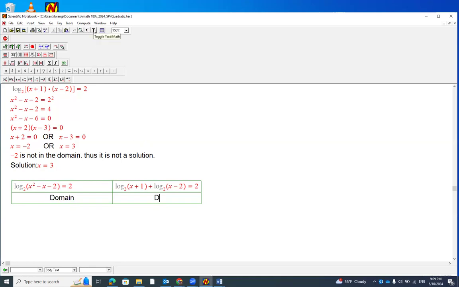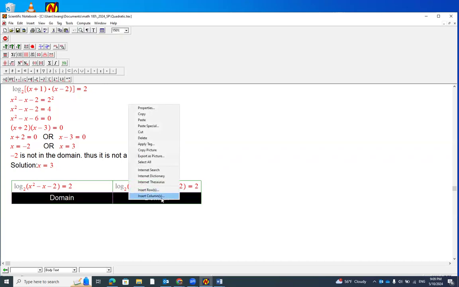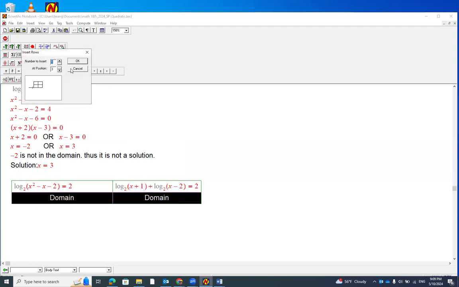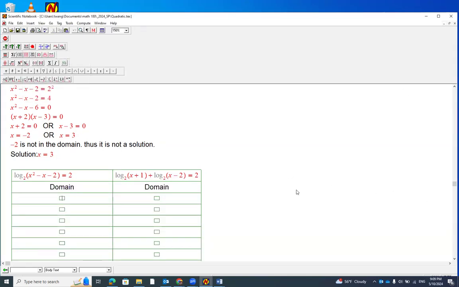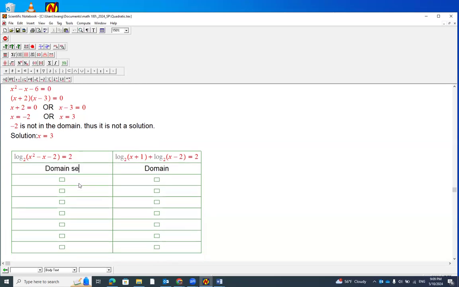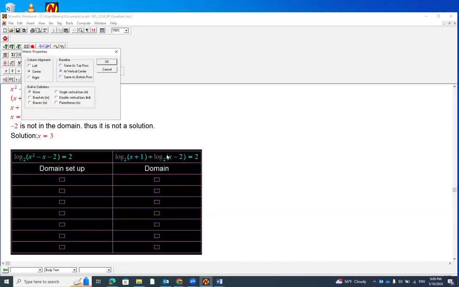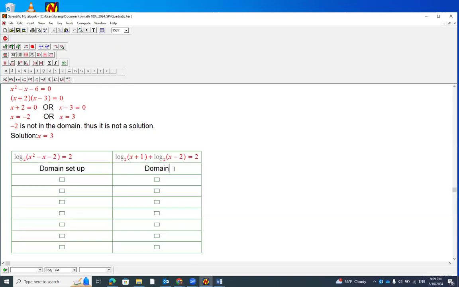I'm just talking about the setup. So I'm going to add some more rows: 1, 2, 3, 4, 5, 6. Domain setup. The domain setups are different.